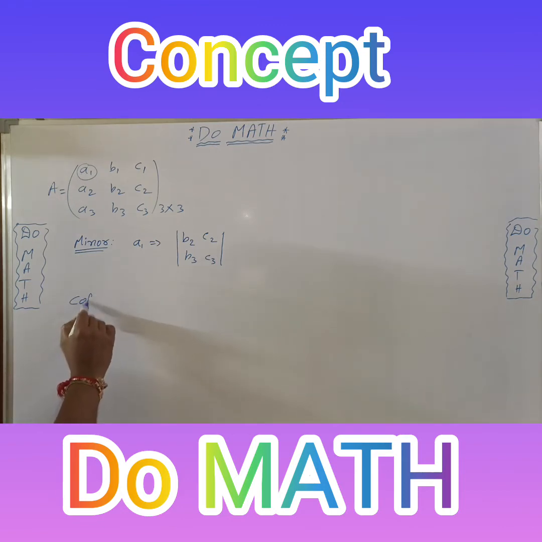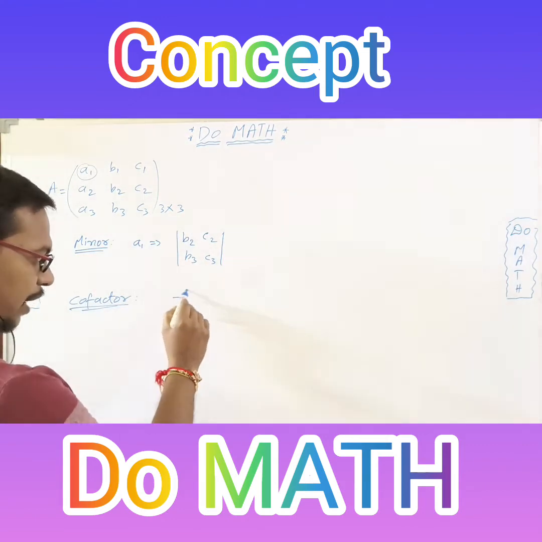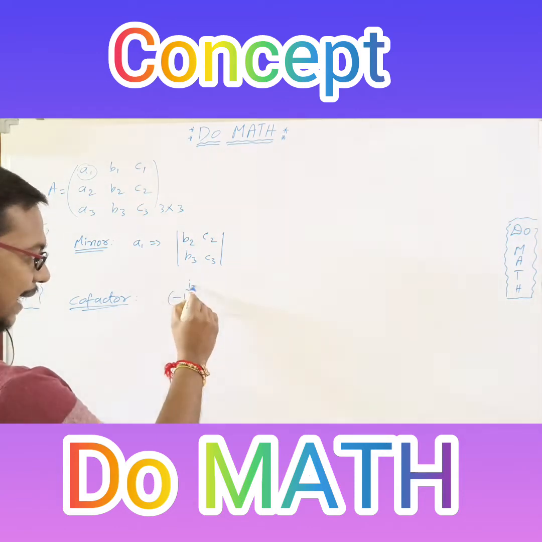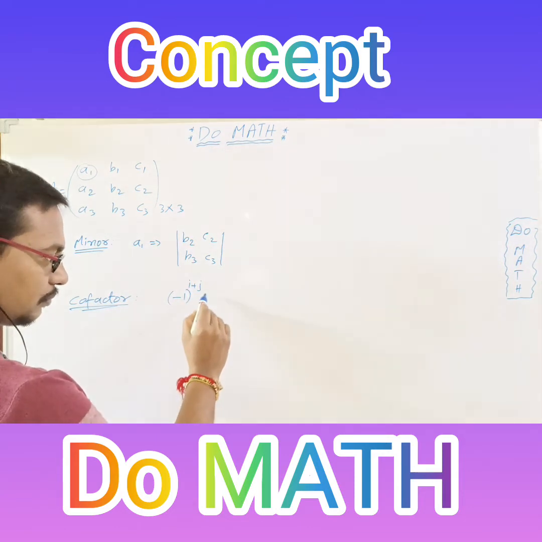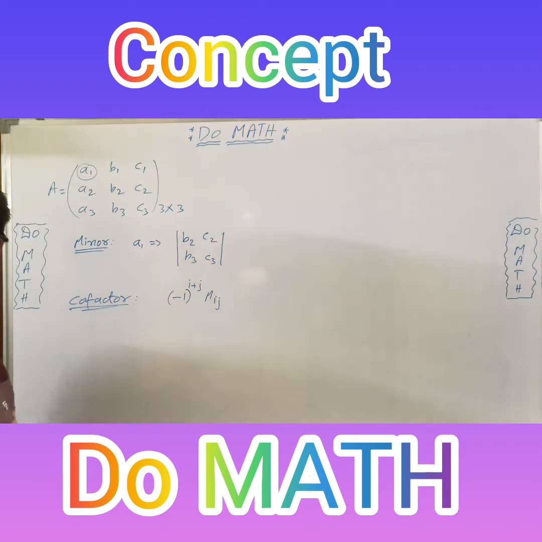Now the cofactor. Cofactor of an element is the minor of the element multiplied by minus 1 power i plus j.